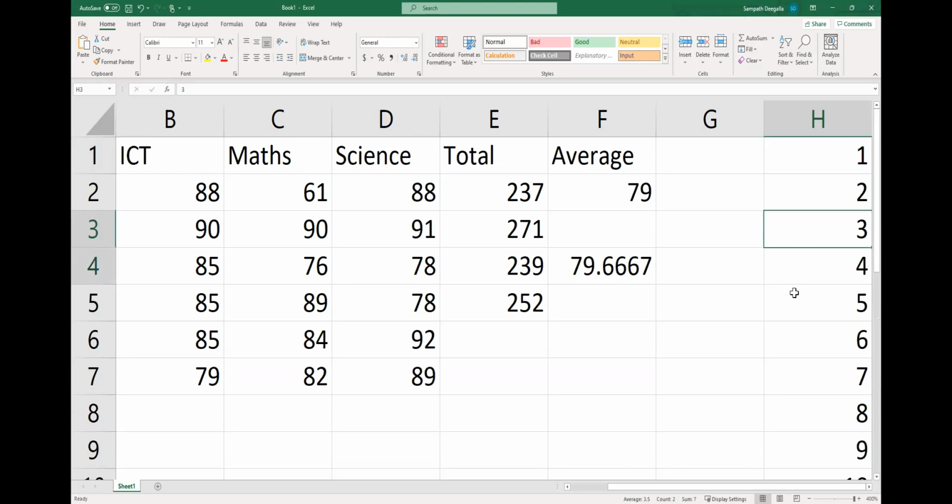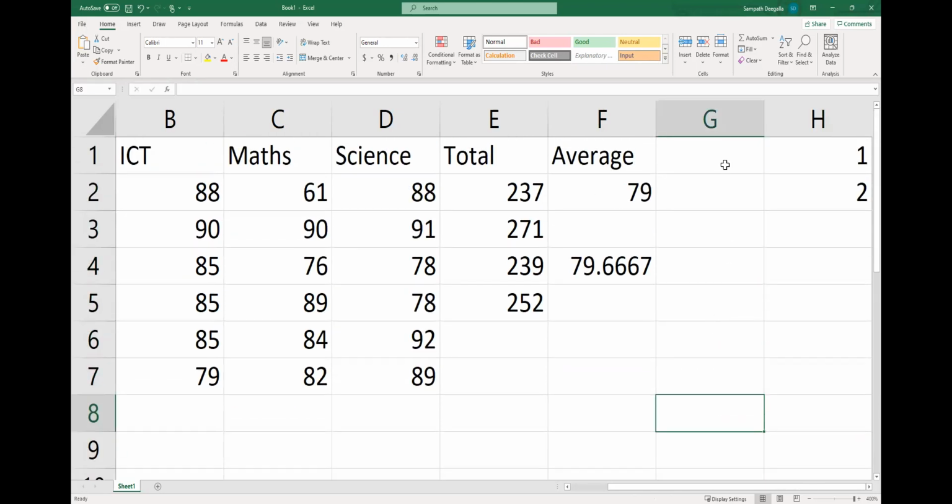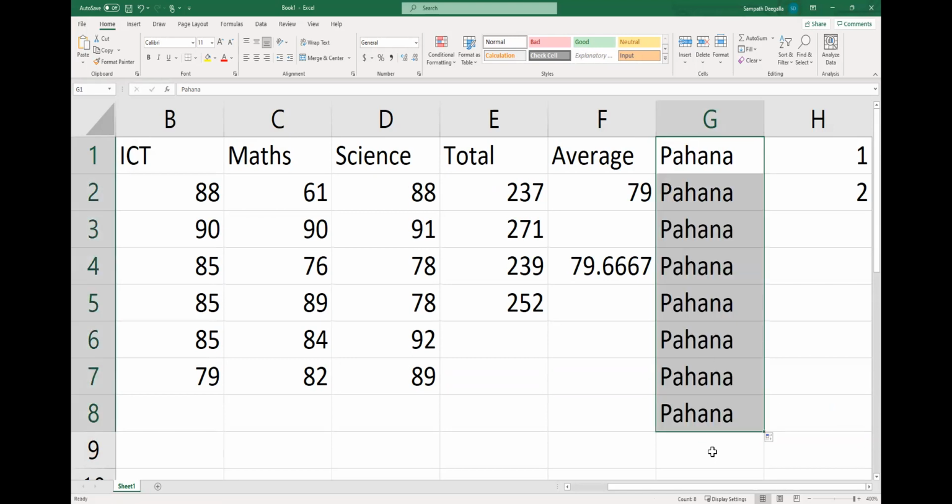Then why should we use something like this? So there's an autofill feature, which means if you take a single cell and if you go to this place, this is called autofill, and if you click autofill and then drag, it will copy the same content.